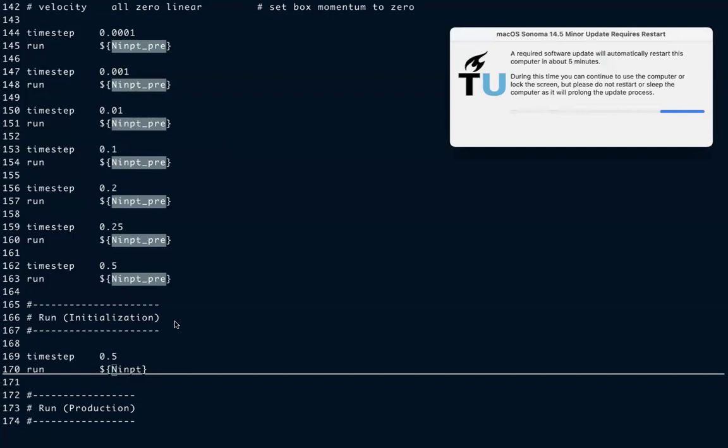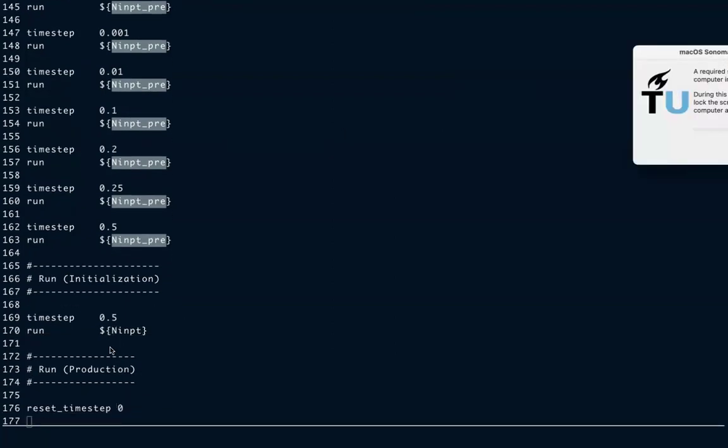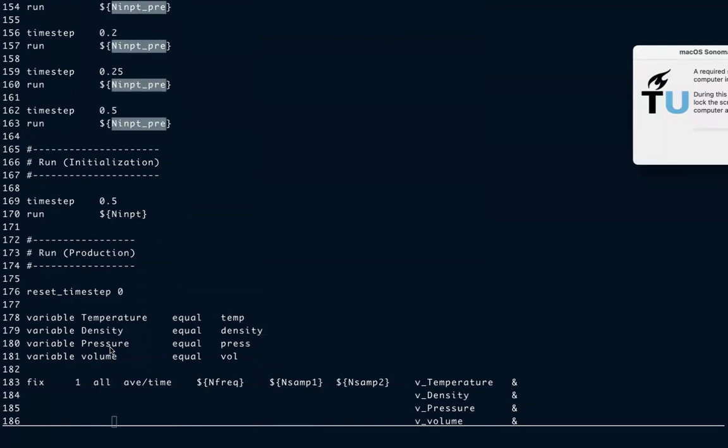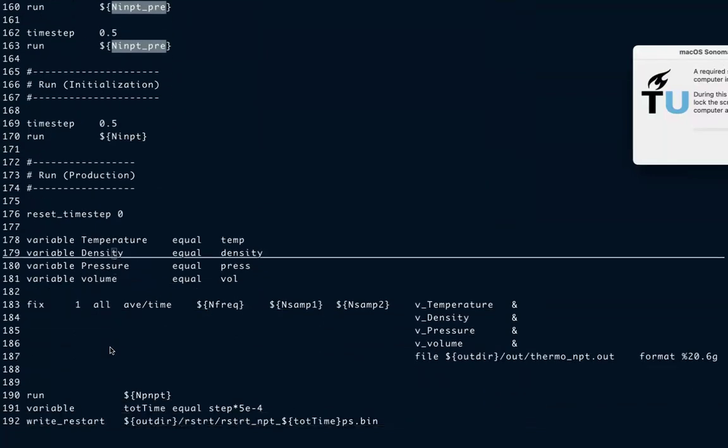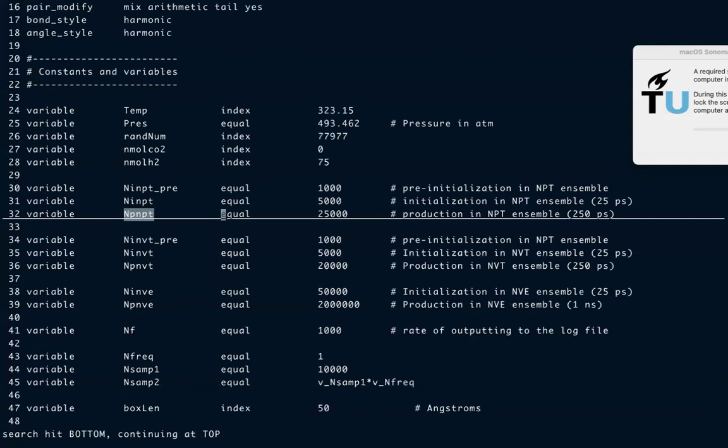All right, so now I do the initialization using these steps. And finally, once the initialization step is done, I do something called the production step, which is basically to run the simulation for a large number of time steps. As you can see, I'm running it for 25,000 time steps.